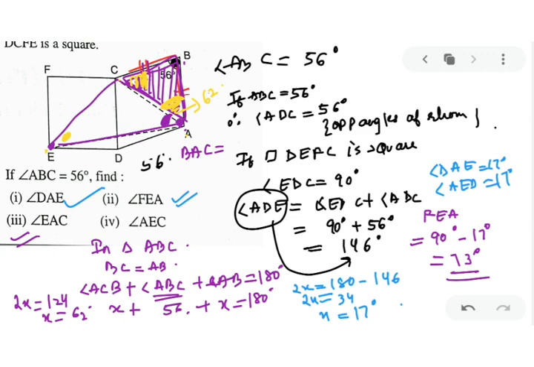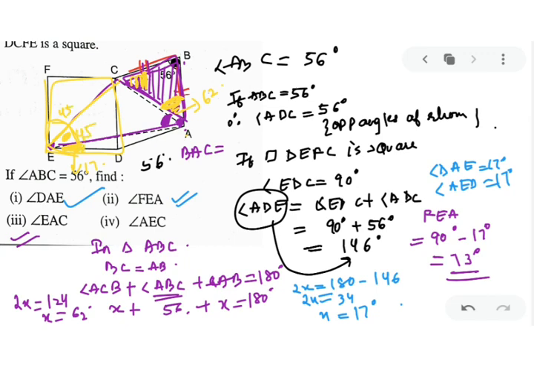Now this part is 90 degrees, this entire. Out of that, this will be 17 degrees. As you know very well, the diagonal EC bisects the 90 degrees into two equal parts. So this is 45, this is 45.